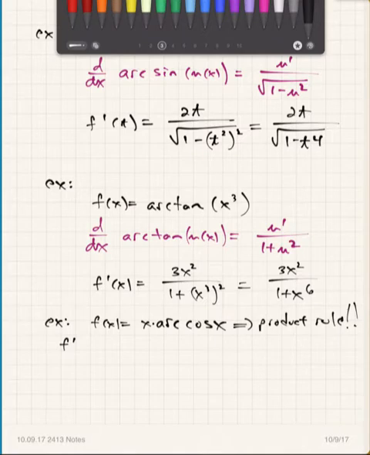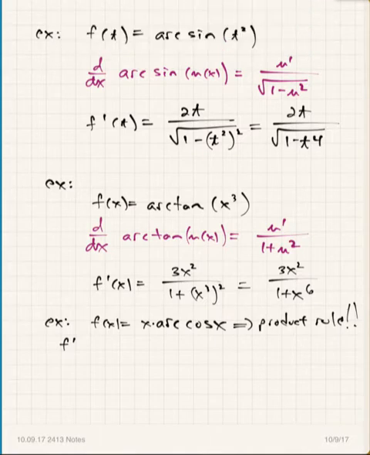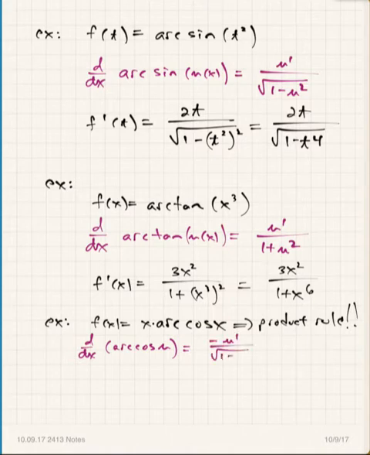So let's not forget the rule that we wrote down for the arc cosine, that the derivative of arc cosine of u is negative u prime over the square root of 1 minus u squared.